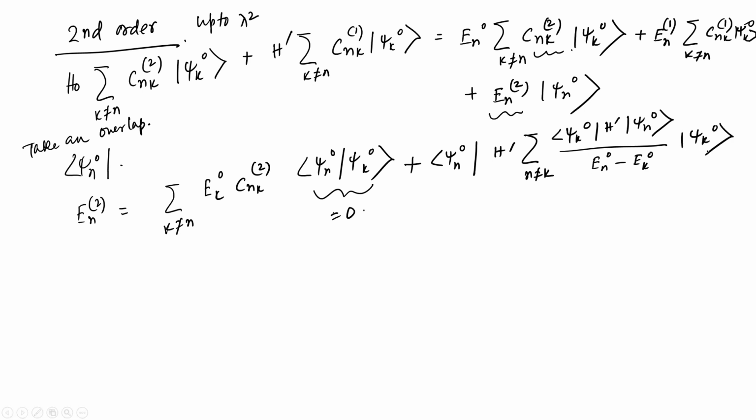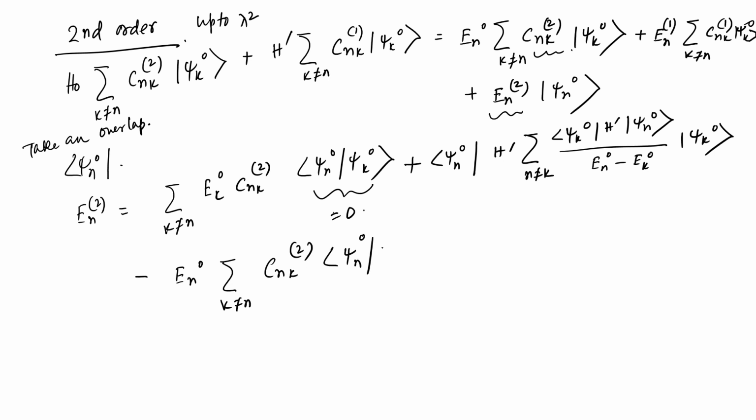Okay. So, that is the overlap for the second term on the right, and then you have minus E n 0, with k not equal to n, C n k 2.